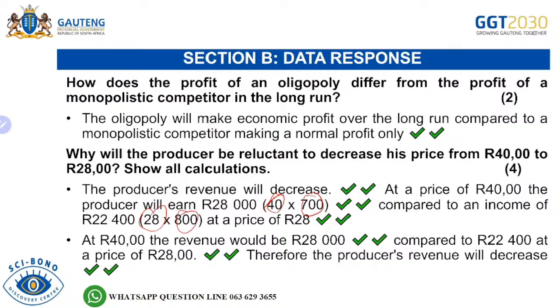Therefore, the producer's revenue will decrease. So the producer will be reluctant to lower its price to 28 rand because it will be losing revenue. They always ensure that they sell their product at the price that will give them the highest revenue.